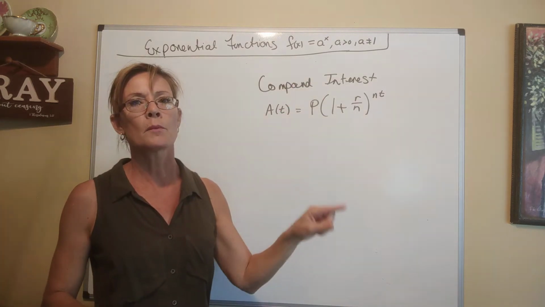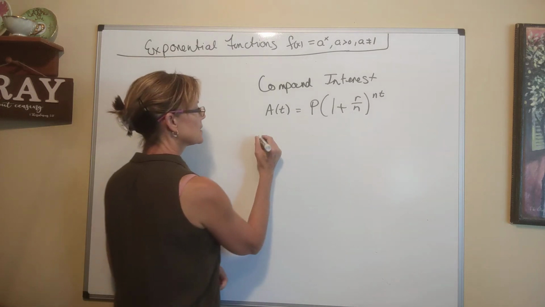N is the number of compoundings per year. So let's just talk about what they could be.